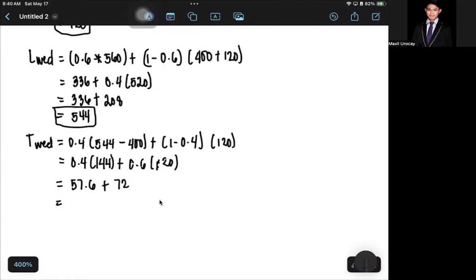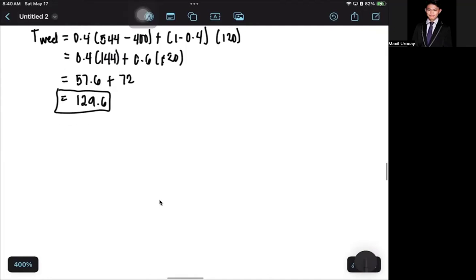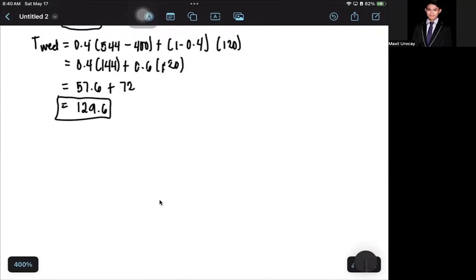So 72 plus 57.6, that will become 129.6. So this will be the trend for the Wednesday. So that is how actually you will get the trend and level.